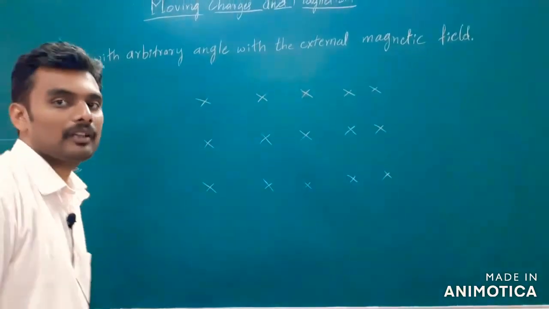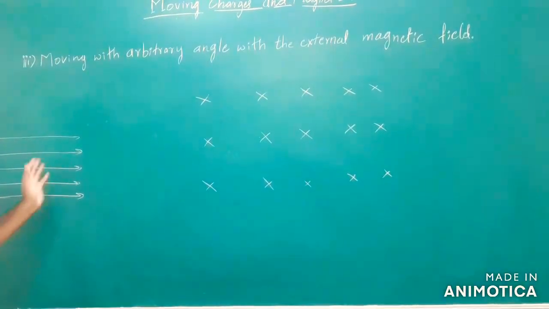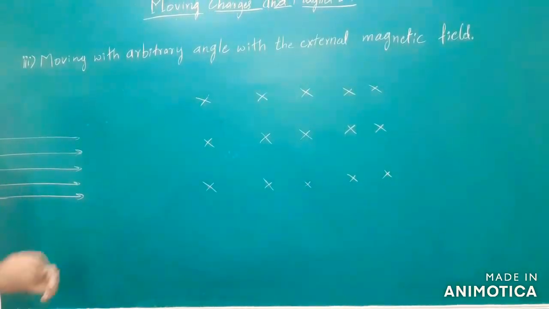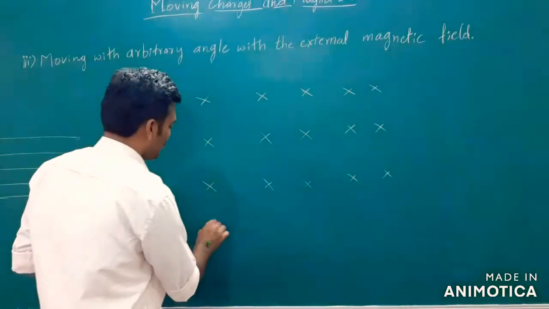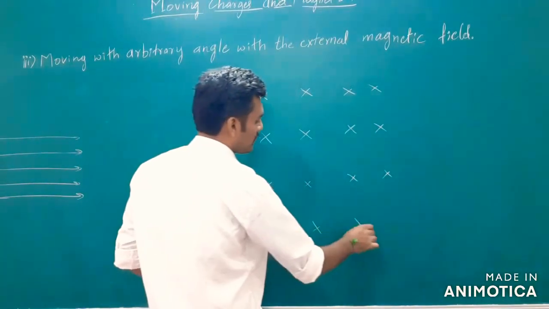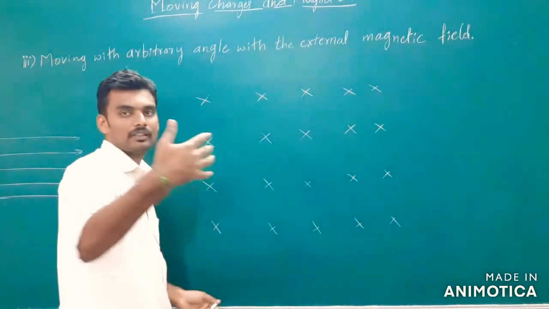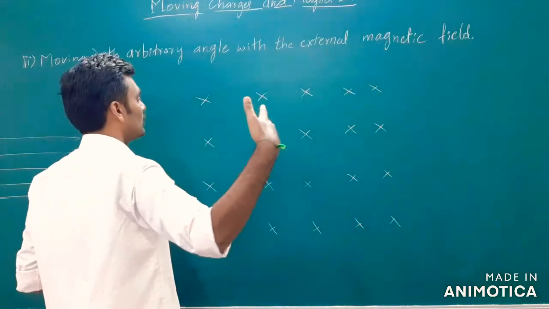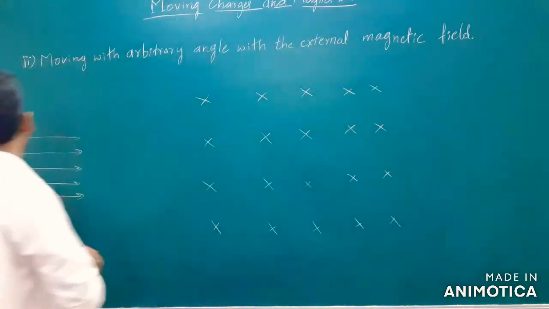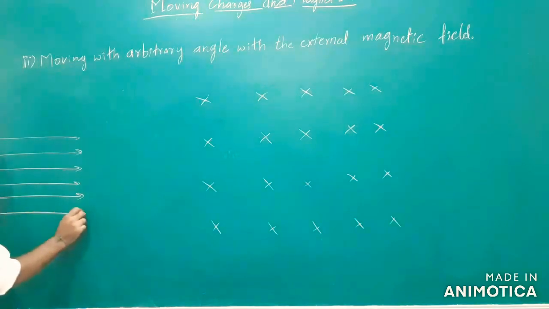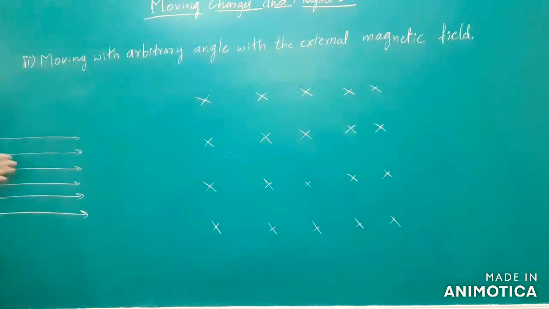Let me explain the motion with two different views. One is when the magnetic field is going into the board, and here I have one more way of representing the magnetic field, where it is not going into or coming out of the board, it is like this.